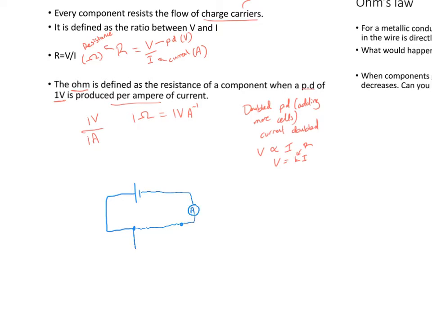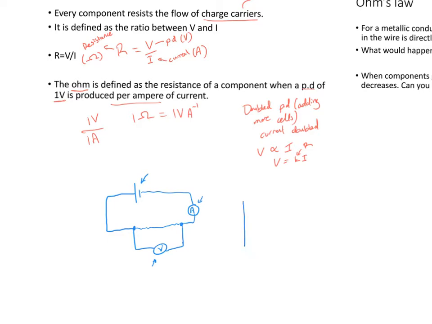You also need a voltmeter to measure the potential difference across the ends of the wire. To get different values, you keep changing the number of cells, adding more and more cells individually, and take the readings of the ammeter and the voltmeter to get the resistance across the thin wire.